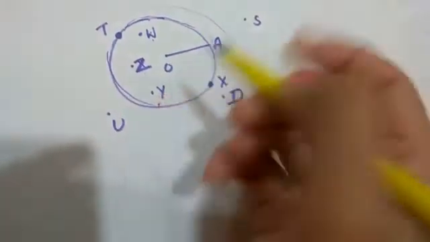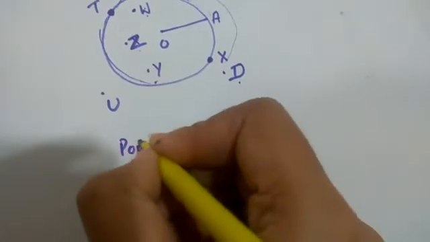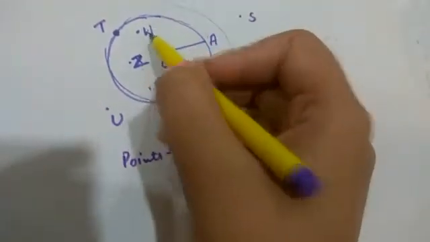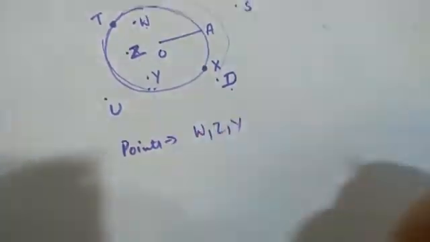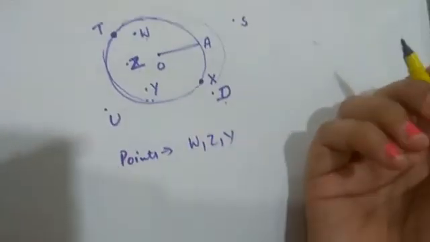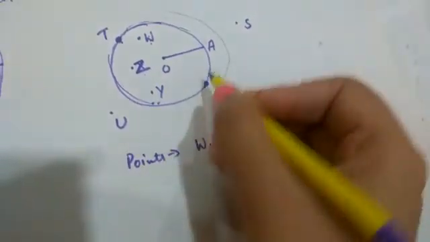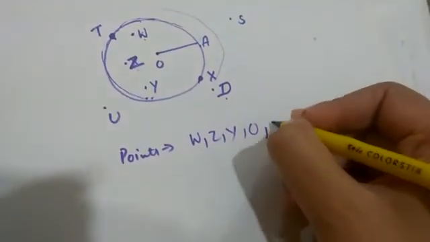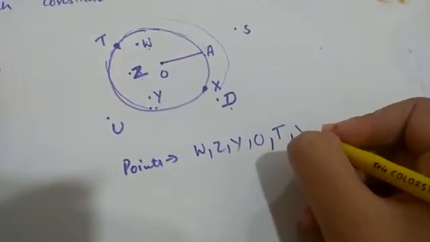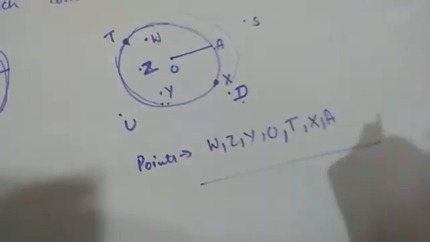So firstly we are writing the inside points, so those are points W, X, Y, which are parts of the circle because they are inside the circle. We have written W, X, Y. Point O is also inside the circle, that is also part of the circle, so point O. Here T, X and A are on the boundary of the circle, those are also parts of the circle. So that is also the answer. T, X and A. And our question is done.